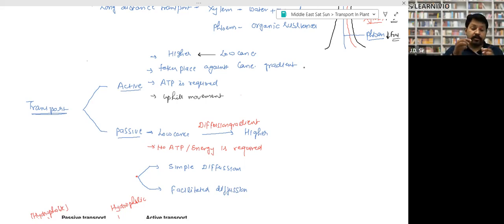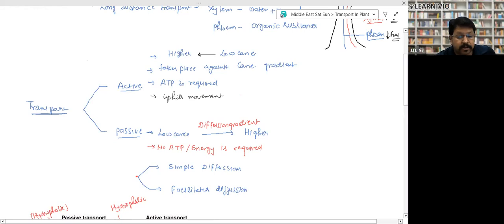The second kind of transport is passive transport. This takes place through a simple process, that is diffusion.